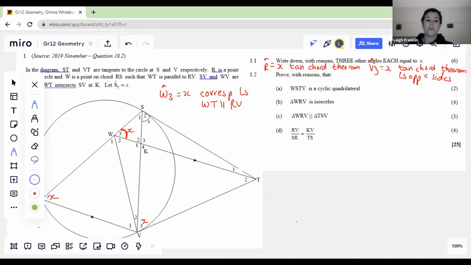All right, because V3 equals X and W3 equals X, WSTV has to be a cyclic quad. Reason? Converse, angles in the same segment. Does that make sense? This is what we were talking about a little bit earlier.